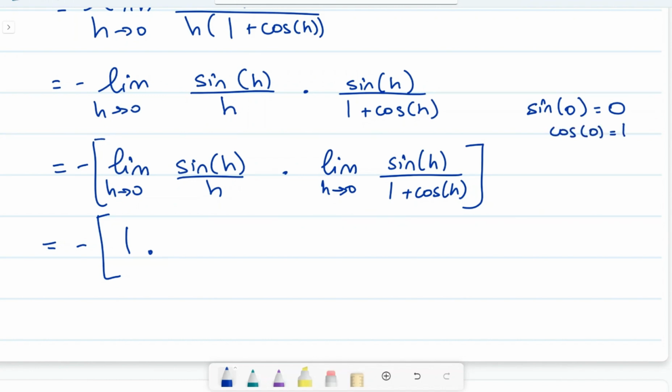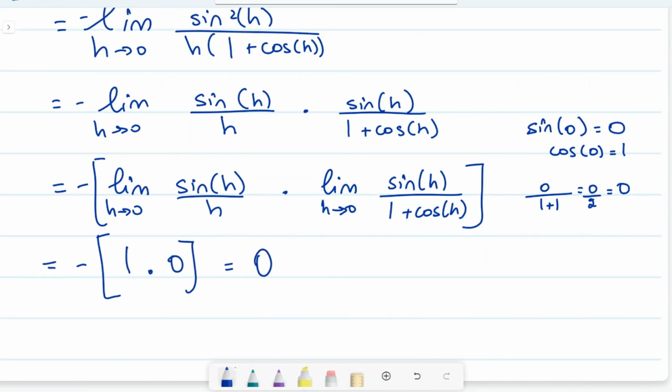So if I plug in h equals 0, I get on the numerator 0 divided by 1 plus 1, so 0 divided by 2, which is 0. So this limit gives me 0. So 1 times 0 is 0.